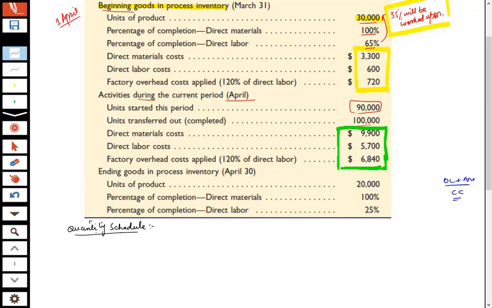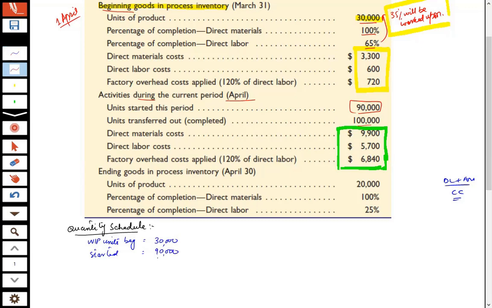First, we will take the opening units or WIP units beginning. We are just making the quantity schedule, so we will take only the units, 30,000. And again, we put into production the started units, which were 90,000.